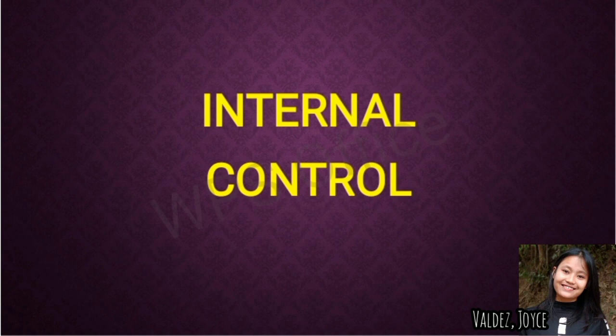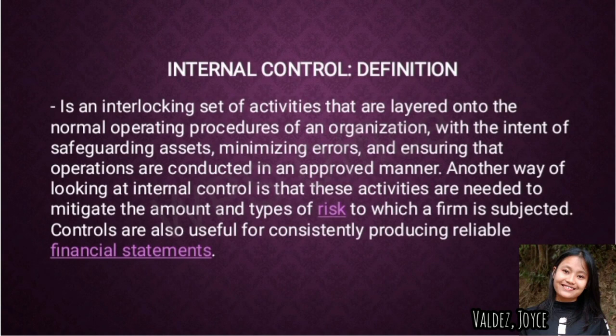What is an internal control? An internal control is an interlocking set of activities that are layered onto the normal operating procedures of an organization with the intent of safeguarding assets, minimizing errors, and ensuring that operations are conducted in an approved manner.